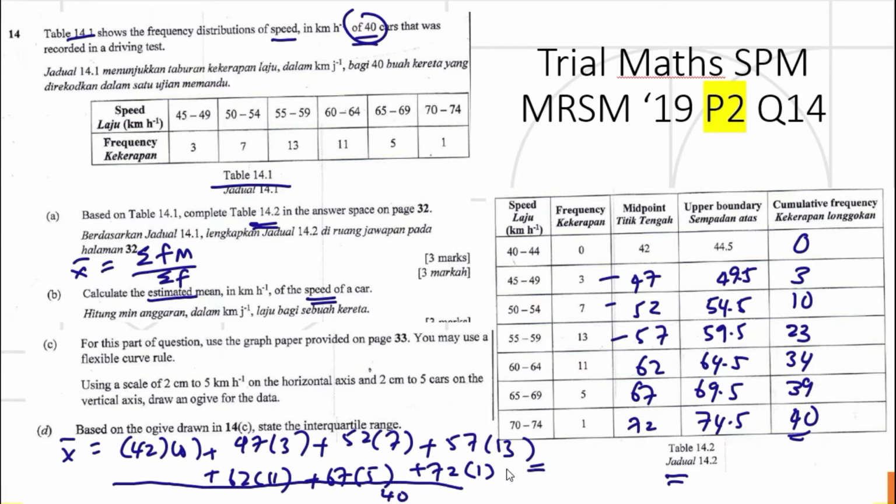So we get 58.375. So the mean is equal to 58.375.